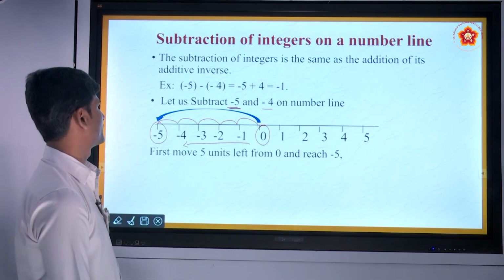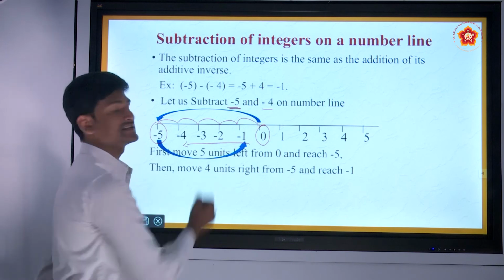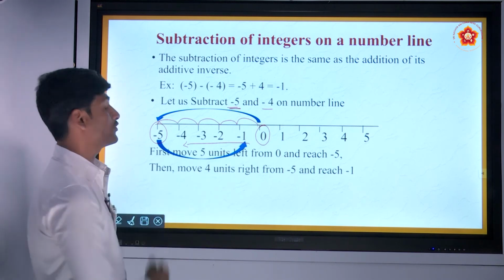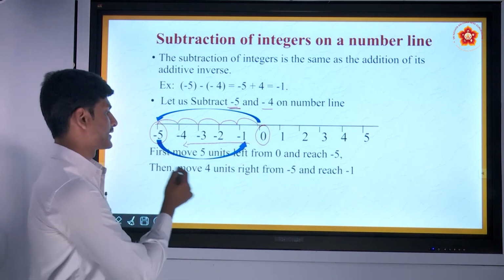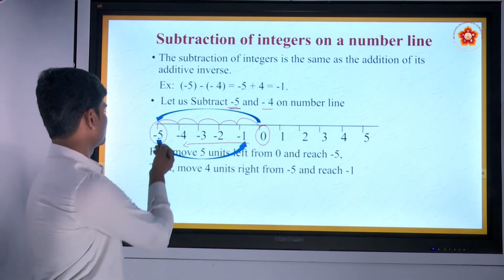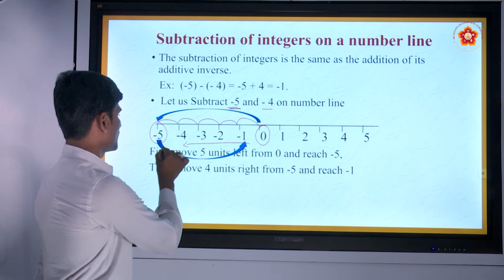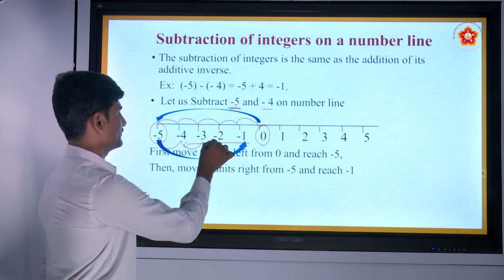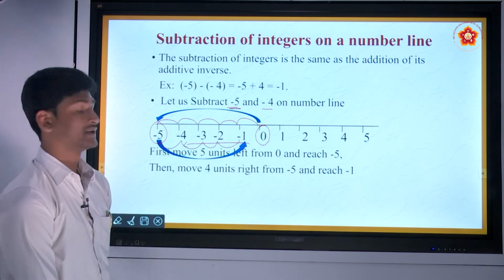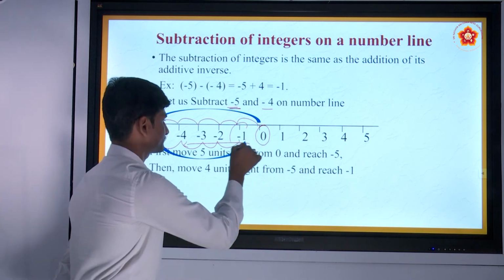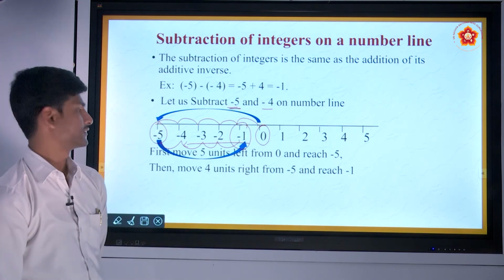And then minus 4. Then move 4 units right from the minus 5, right? 1, 2, 3, 4. Then reach minus 1, right?